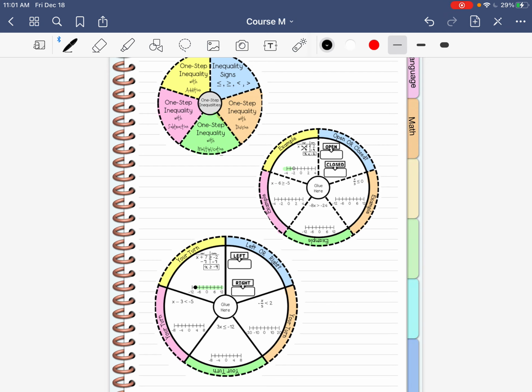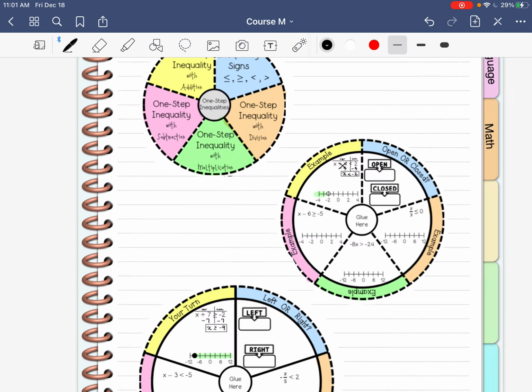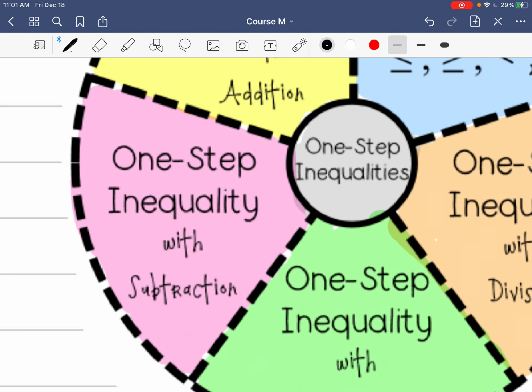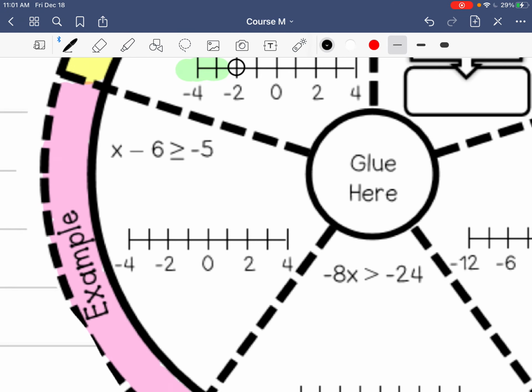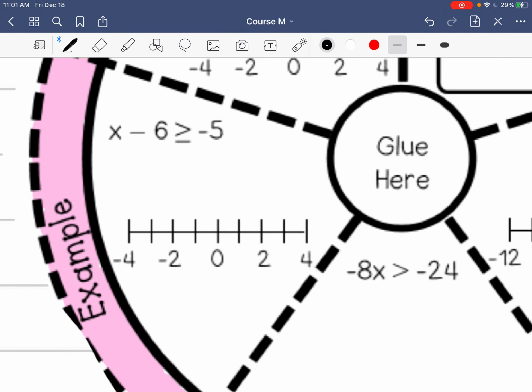And those are addition ones. I want to look at this next section, which I've colored pink. This is the subtraction one. So on example, we're looking right here.